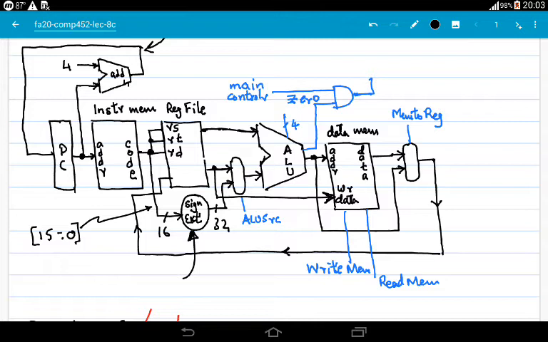Basically, we have to shift left the output of the sign extender by 2 bits.